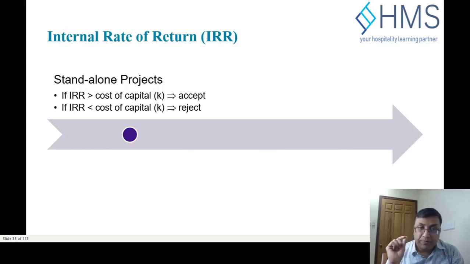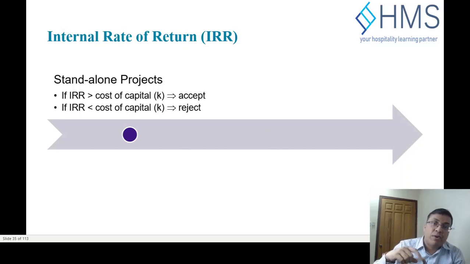However, companies may have a cost of capital which is slightly higher than their expected rate of return. So if my expected rate of return from this project is, let's say, 20%, either I can calculate the IRR, and if IRR is less than 20%, then I will reject the project, right?